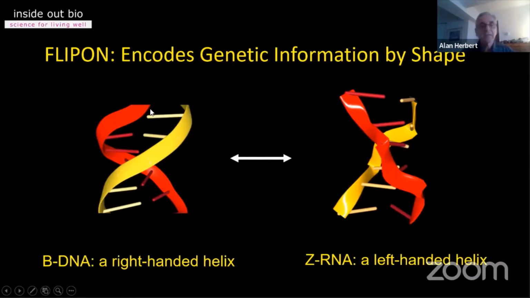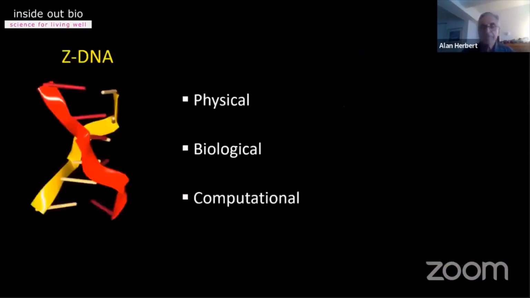So instead of being right-handed, going from right to left, shown by the yellow strand, it's left-handed with the backbone going from left to right, as shown by the red strand. So that's the difference between B and Z-DNA. It's just an inversion of base pairs.